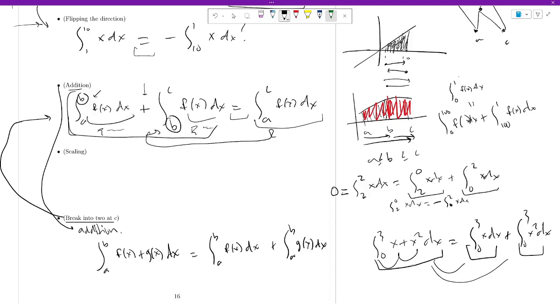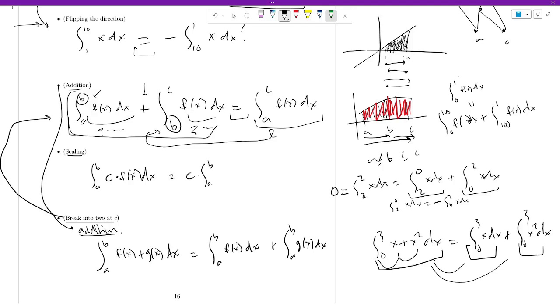Okay. This scaling one, I would kind of group together with this addition one. A simple algebra thing that you can do that's similar to what you can do with the sums. If I ever have an integral, and I have a number, c, so c is just some number, times your function, as long as this number doesn't depend on x, like it's just a number, like 2 or something, you can pull it out in front.